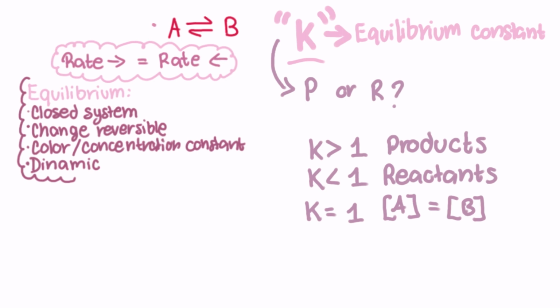Now, what if I add a coefficient of 2 over here? What will my K be now? Well, K is still products over reactants. However, the coefficients will give you an exponent, just like this.